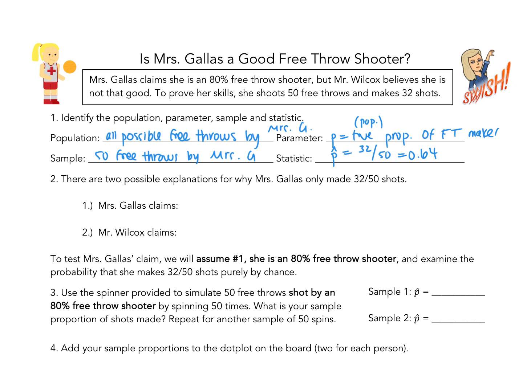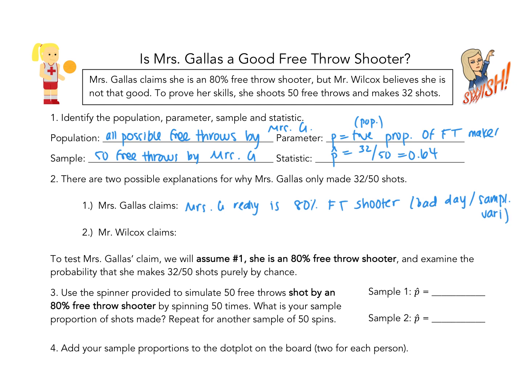So that would be her claim. So Mrs. G really is an 80% free throw shooter. Like we said, she just had a bad day. In terms of words, this is sampling variability.